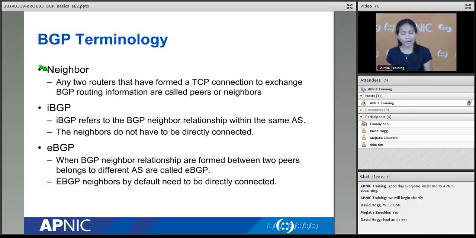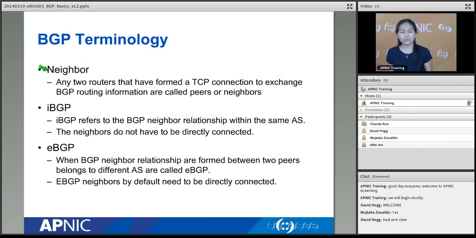If you have a prefix that you get either from the RIR, from APNIC, or from your upstream provider, and you are now going to announce it, you are adding another route entry into the global routing table. That's originating a prefix.